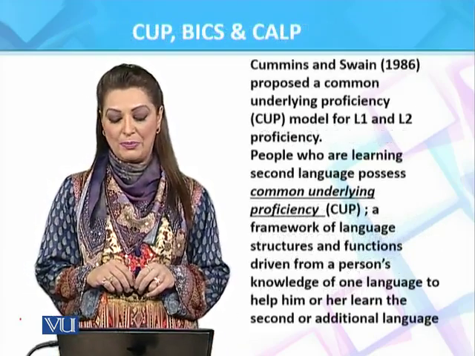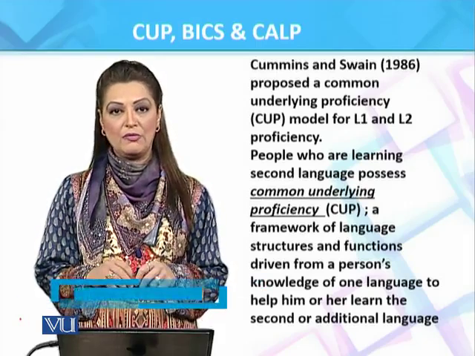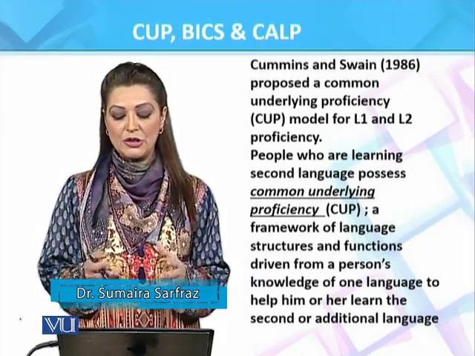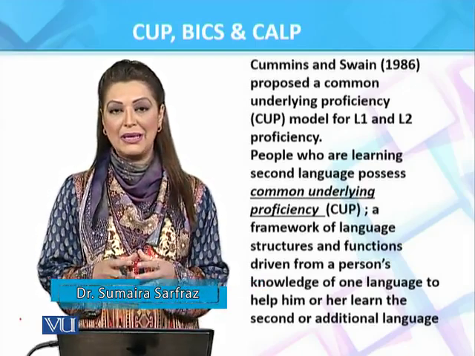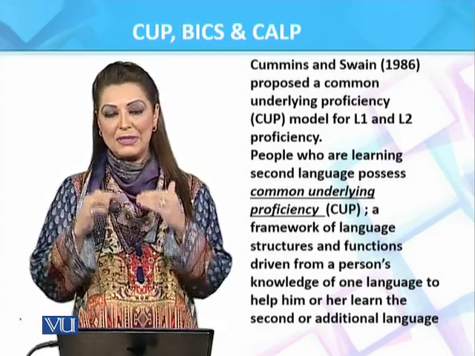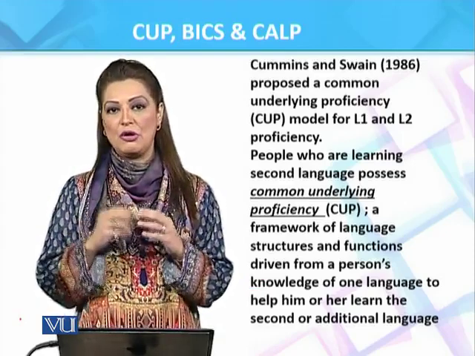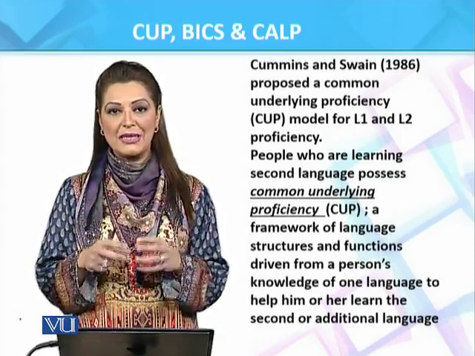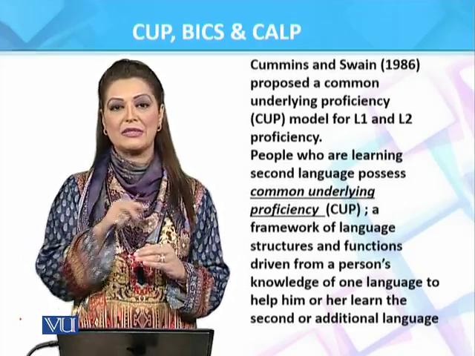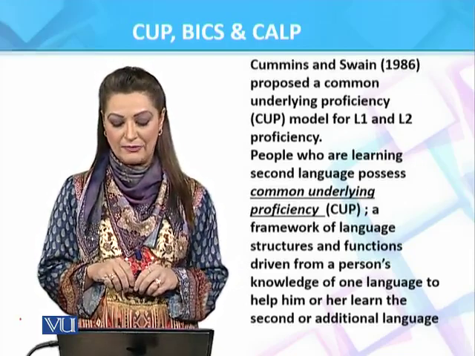Cummins and Swain proposed a common underlying proficiency model for first and second language proficiency. As you can see, it's called common underlying proficiency. What happens underneath the surface representation of a language, the process that functions underneath, is common as far as the first language and the second language proficiency are concerned.